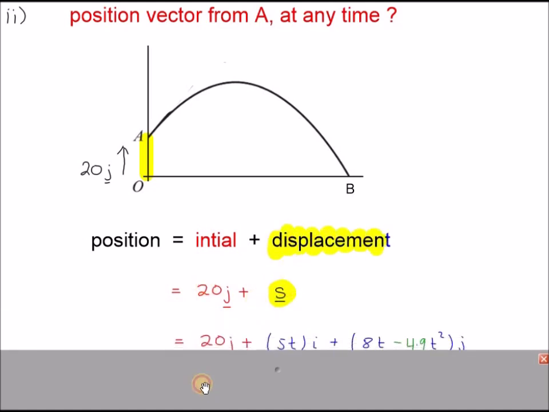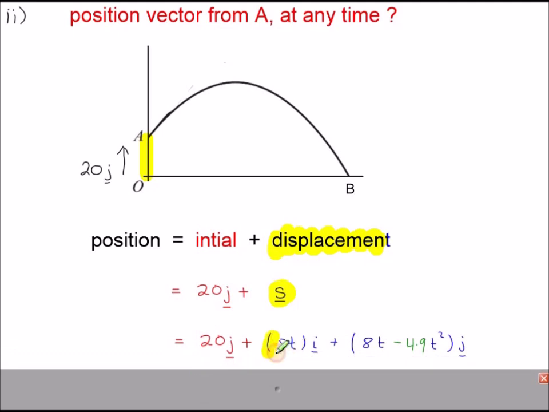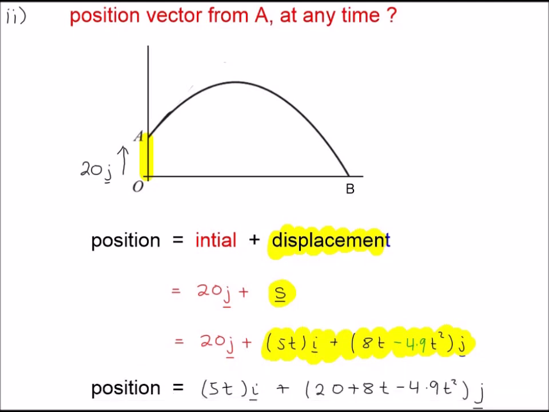If we add these together, this is from the previous formula that we worked out for displacement, and then simplify, collecting like terms. So all of the i terms are here and all of the j terms are grouped here.